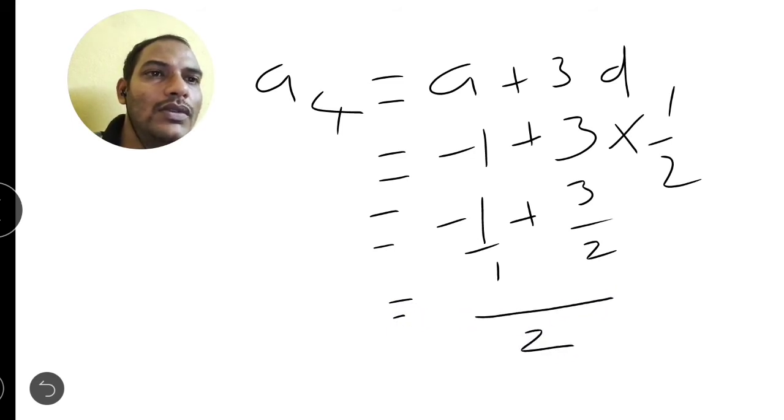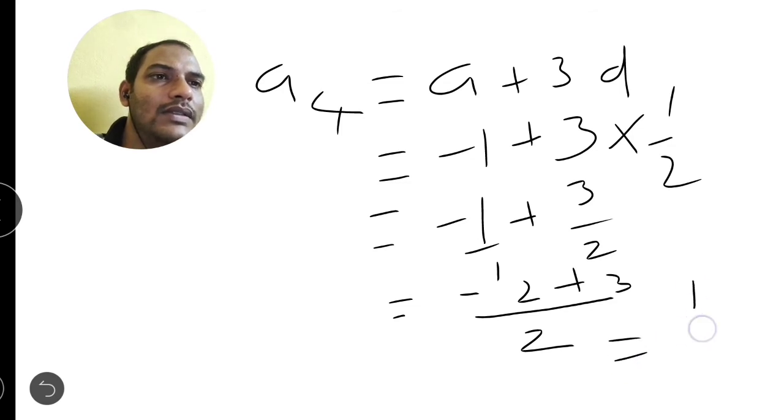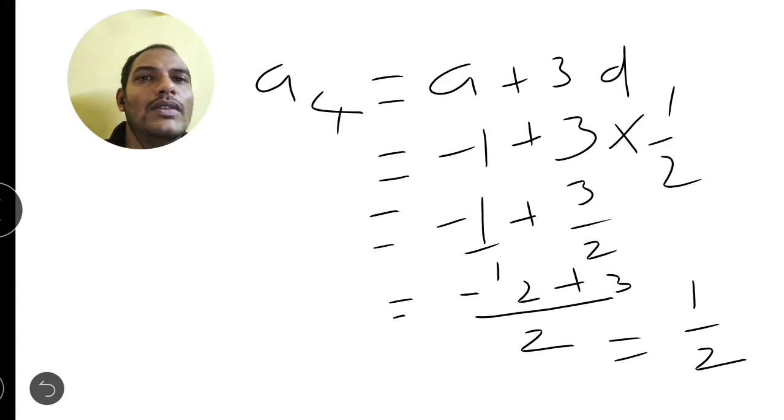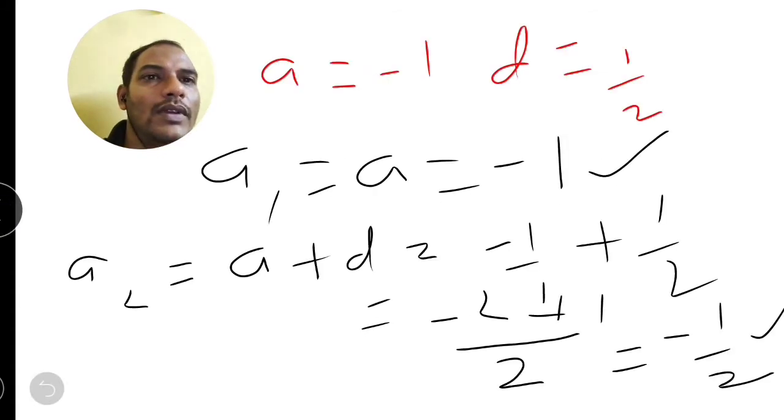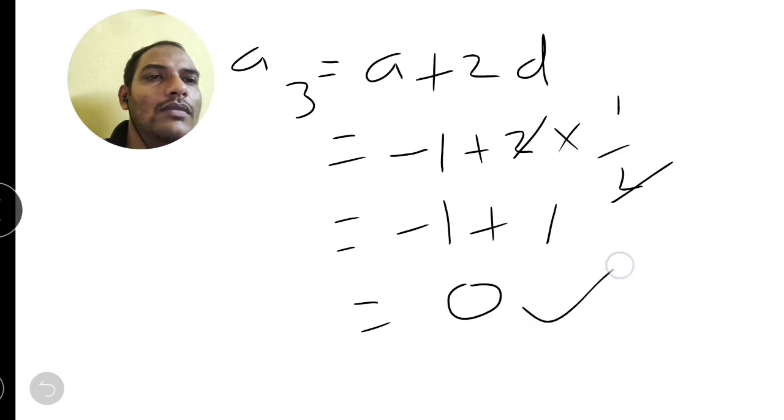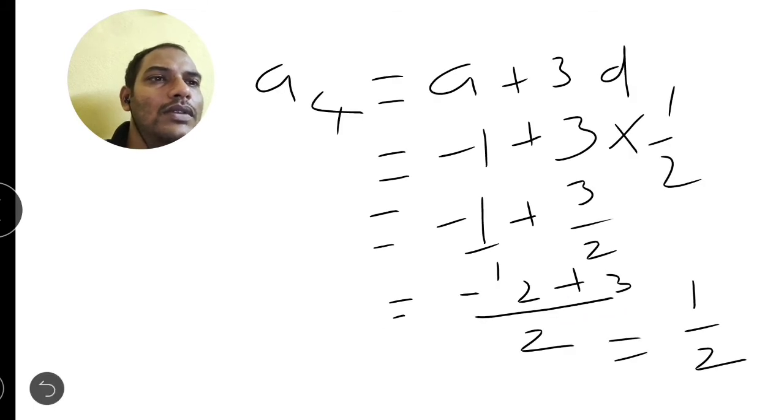Minus 1 into 2 is minus 2 plus 3. So it is equals to minus 2 plus 3 is 1 by 2. So fourth term also completed. So first term minus 1, second term minus 1 by 2, third term 0 and fourth term 1 by 2.